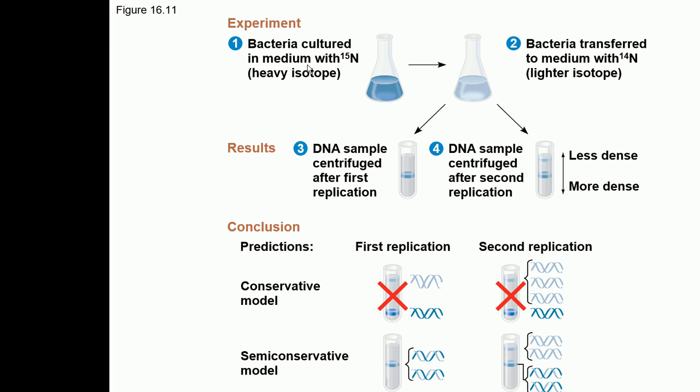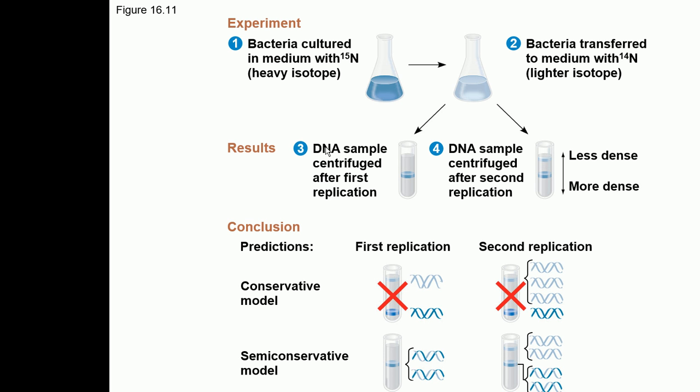Then they took this bacteria and put it into the medium in which the nitrogen is nitrogen 14, and then they did the second cycle of replication. After the first cycle of replication, they collected the bacteria, prepared DNA from that, and put it on this gradient.